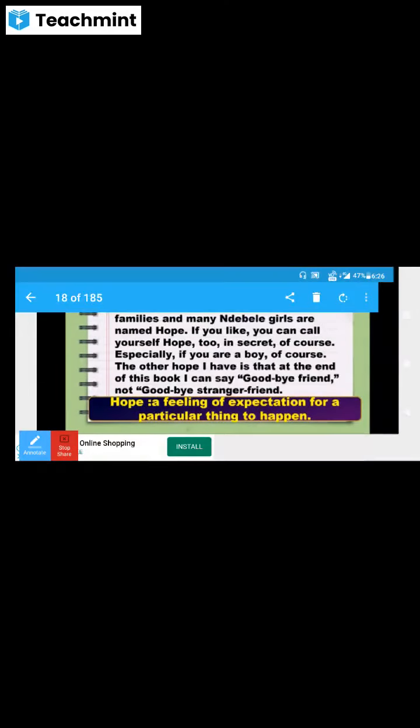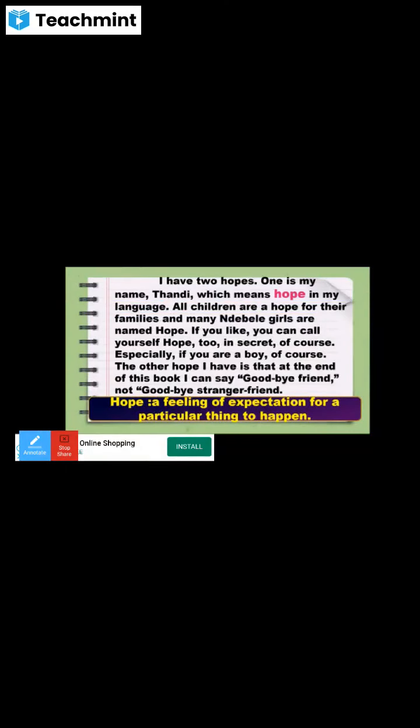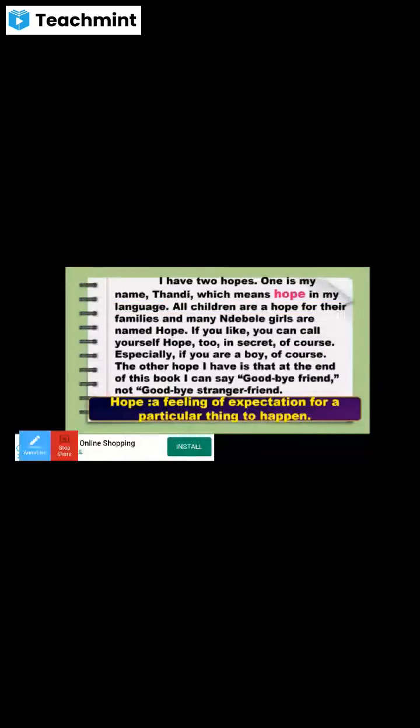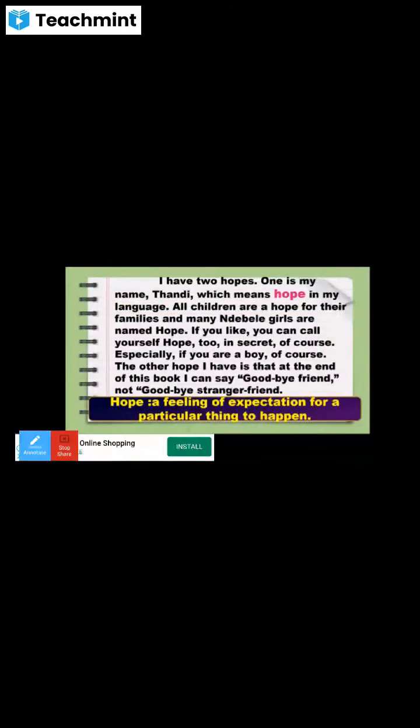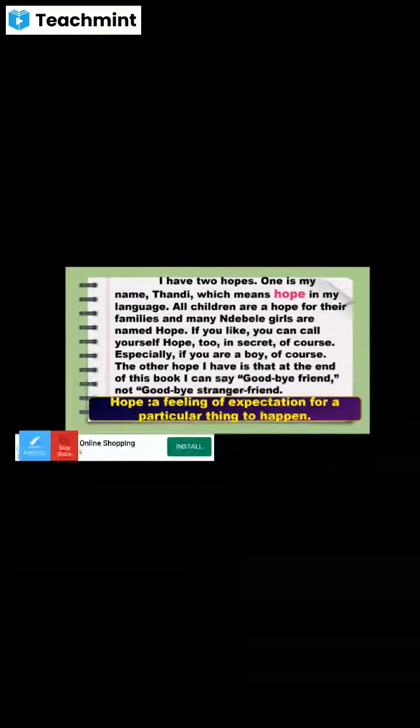So here, in Ndebele families, Thandi is a name given to many children. So they have hope, or a Thandi. In our families we have children's names like Kiran, Vijay, like these.